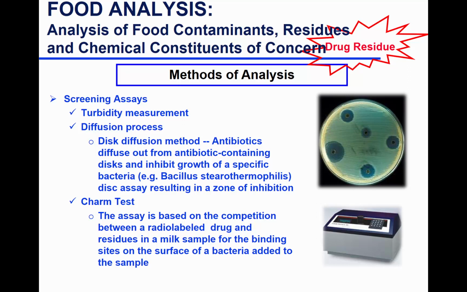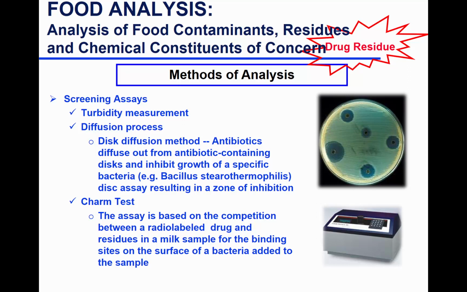And then you allow the plate for microorganisms to grow, and usually they use Bacillus stearothermophilus. And then if there is antibiotic, it will leach out of the disc and prevent microbial growth around that disc. So you would see zones of inhibition, you call them, where you don't see any growth.